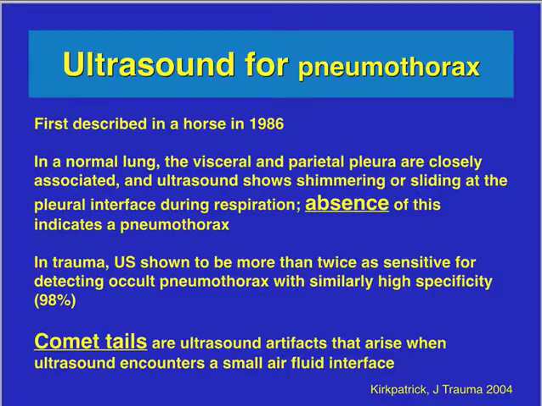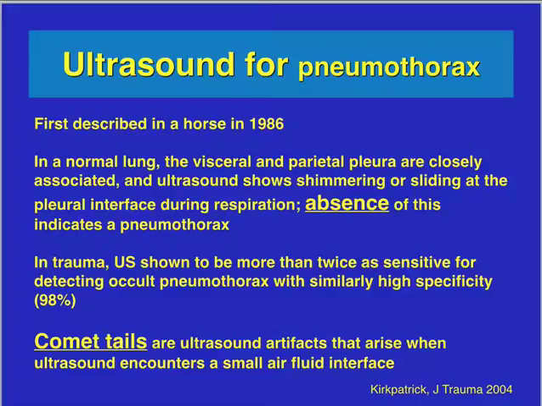So ultrasound was first used for pneumothorax in 1986, first described in animals. In a normal lung, the visceral and parietal pleura are closely associated, and ultrasound normally shows a shimmering or sliding at the pleural interface. Remember, I said sliding is the word that we're actually using, but sometimes you do see these different things in literature. Absence of this indicates a pneumothorax.